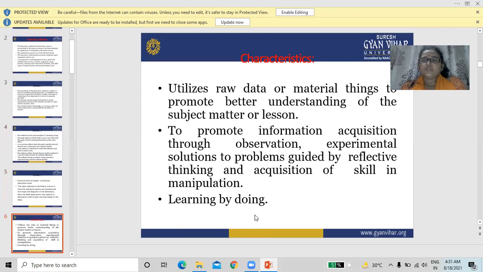Now we will discuss some characteristics of the laboratory method. Utilize raw data or material things to promote better understanding of the subject matter or lesson.